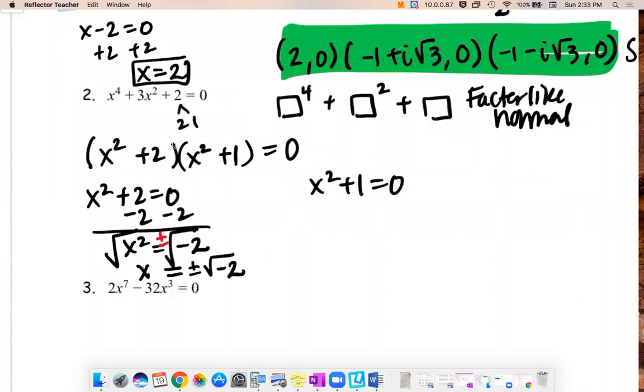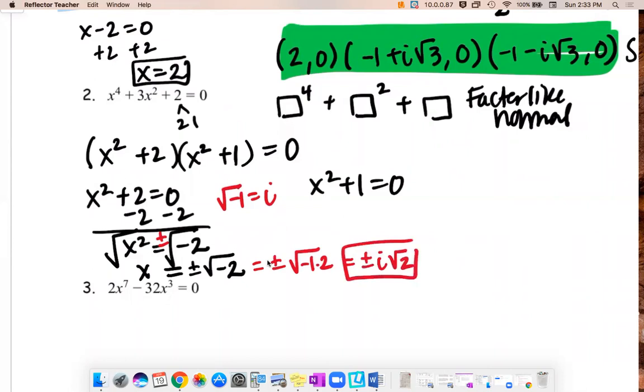Now we can break this up because we know anytime there's a negative in the square root, we have an imaginary unit, because the square root of negative 1 equals i. So I can break this into plus or minus the square root of negative 1 times 2. And when I take the square root of negative 1, an i comes out. So this becomes plus or minus i square root of 2. So those are two of my answers right here.